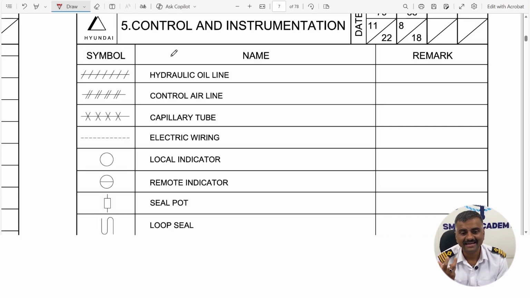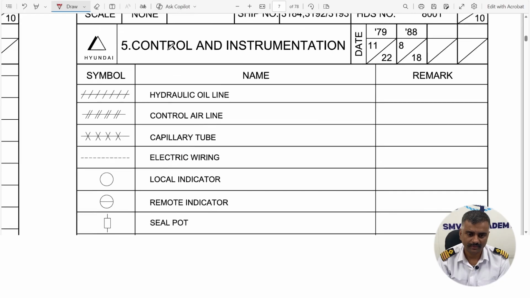Or what are the indicators, like remote indicators or local indicators, and sealing arrangements. That is what we are going to discuss in the control and instrumentation part in the pipeline diagrams.